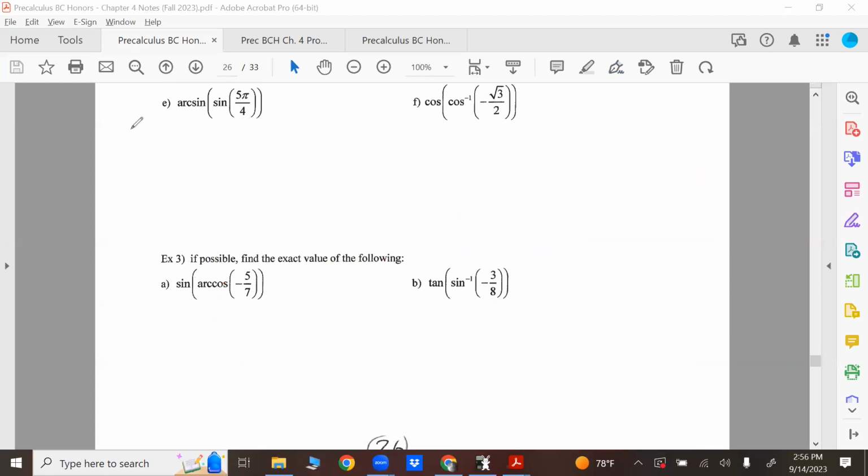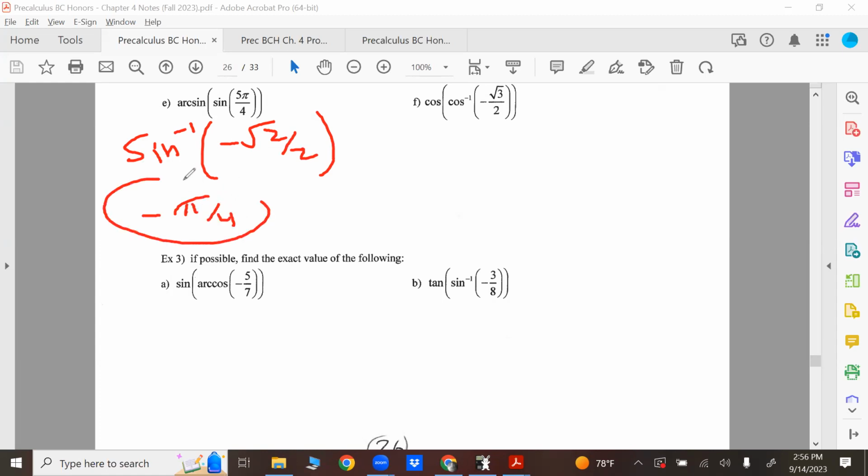Okay, what's sine of 5 pi over 4? That's a negative root 2 over 2, right? But where is that going to be according to the default range? So inverse cosine of negative root 3 over 2, that's going to be in the second quadrant.